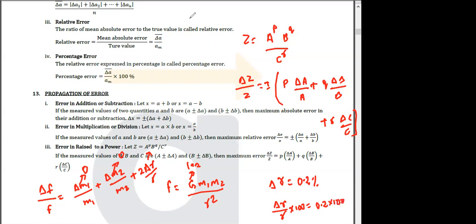So I can find the value of delta r by r. It is just 0.2. Agree? So delta F by F is equal to 2 into 0.2, which is 0.4%.